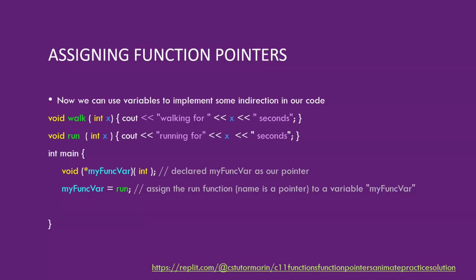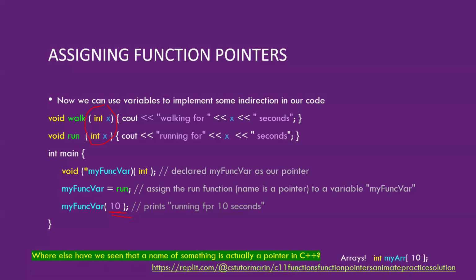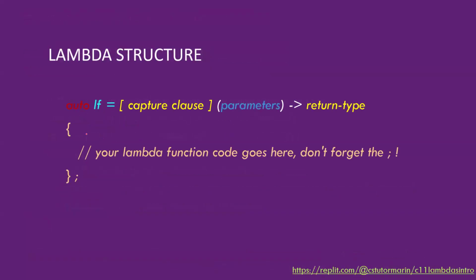The point of this is that the signature of all these functions needs to be the same so that we are able to call the function with some argument at any time, okay? So myfuncvar(10) could go into either the walk or the run, okay? That's something we talked about last time, really powerful to use.